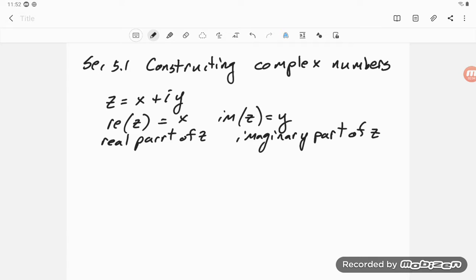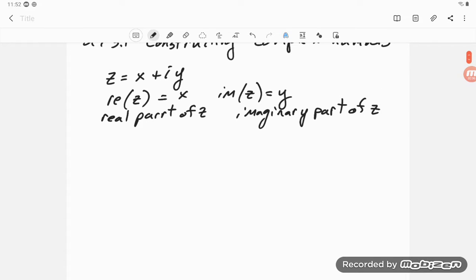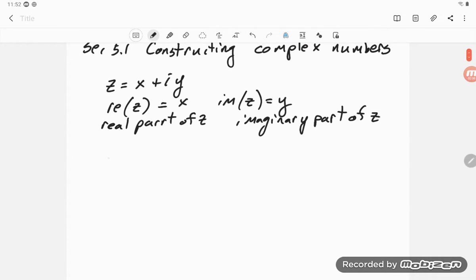But in thinking about it that way, we could also say that we're going to think of z as a 2x2 matrix of the form x, minus y, y, and x.